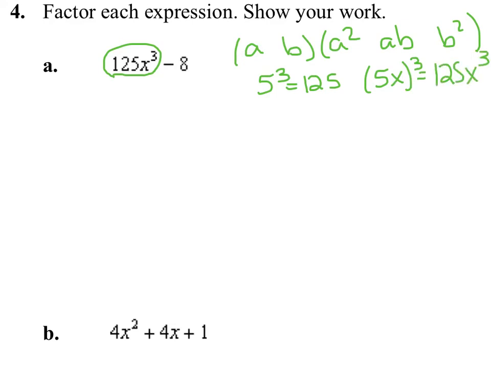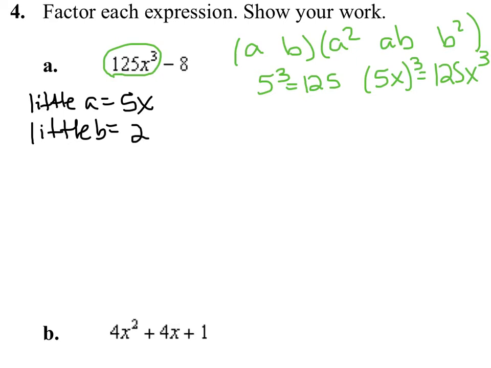So therefore, little a is going to be 5x. So let me write that over to the side. Little a equals 5x, and little b is going to be whatever number I take and cube and I get 8. And so that would be 2. So I'm going to put each one of these terms in: everywhere I see an a up here, I'm going to put a 5x.